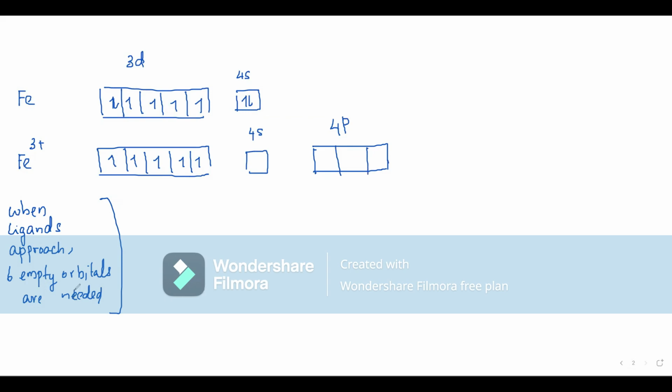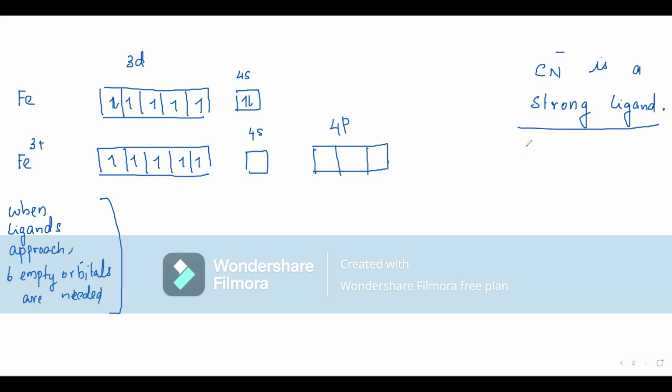Also, one more point that we are noticing here is the ligand. What is the ligand? CN minus. Cyanide is a strong field ligand. What does that mean?